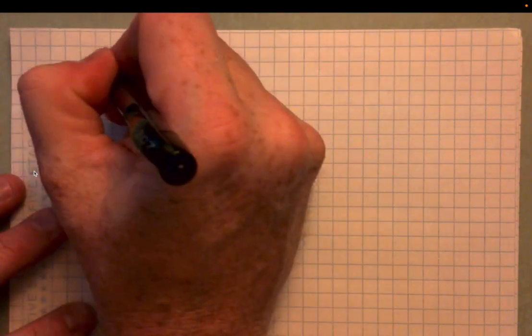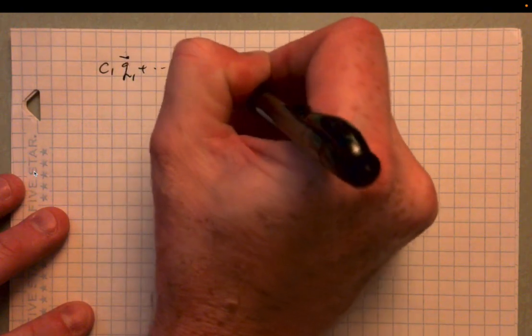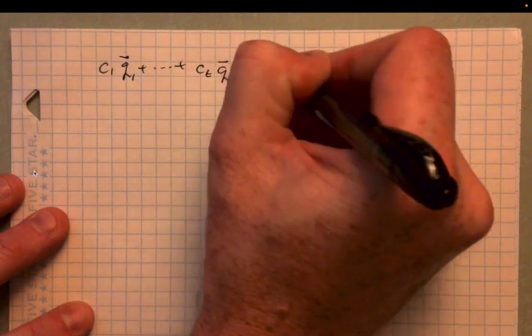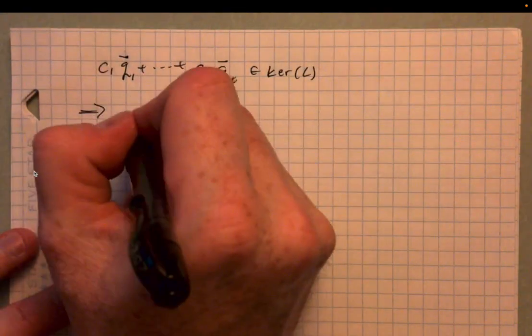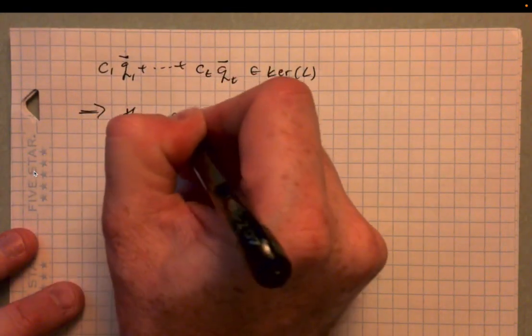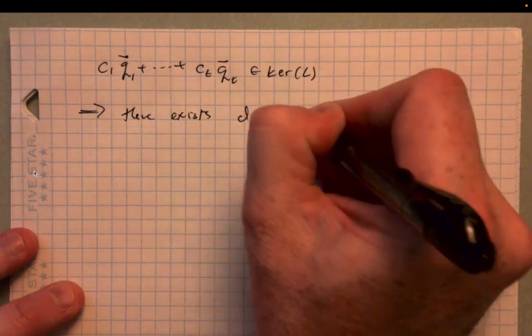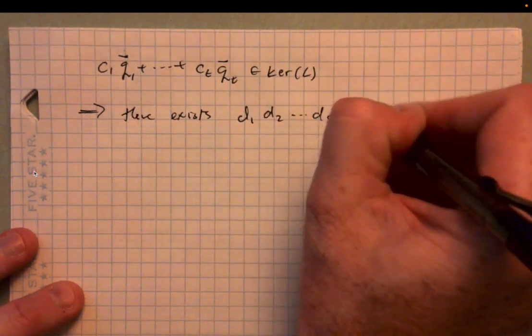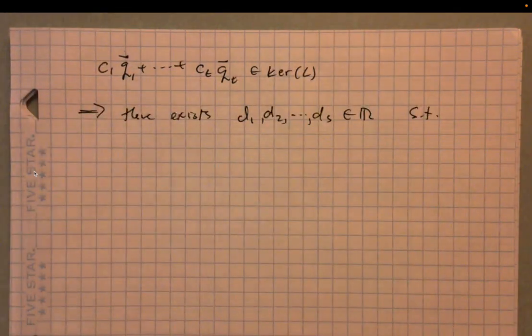let me rewrite this last section just to make sure we have it all on the same page. So C1 Q1 plus dot dot dot plus CT QT we see must be in the kernel. Okay, and so that means there exist D1, D2, dot dot dot, DS, real numbers, such that, right, such that what?